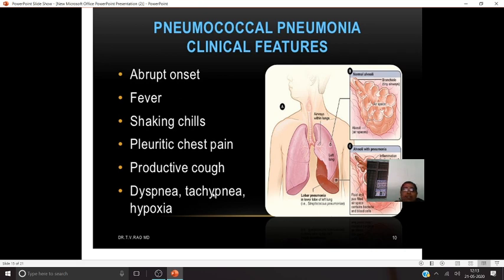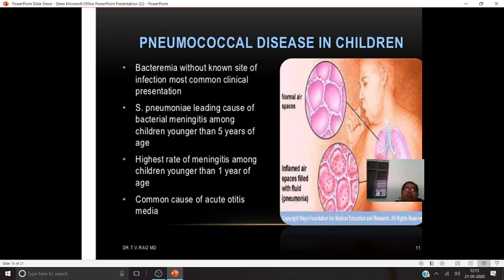Pulse rate becomes very fast and respiration is also very fast. Tachypnea means rapid respiration. Dyspnea means difficulty in breathing. Hypoxia means loss of oxygen in the tissue. These are some clinical features we see due to pneumococcal infections if they involve the pulmonary system, causing pneumonia.